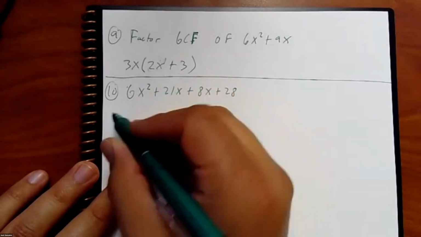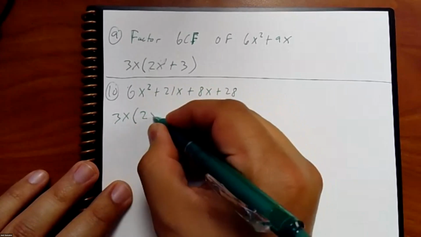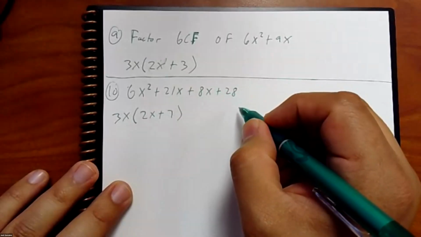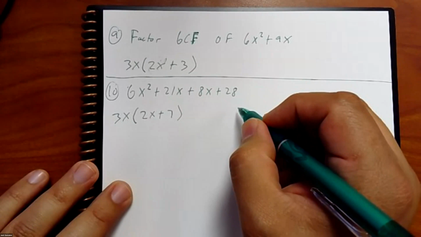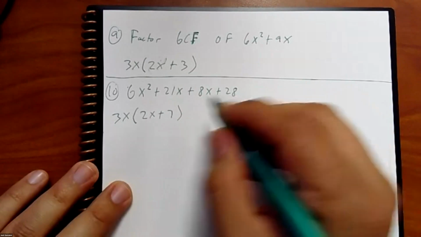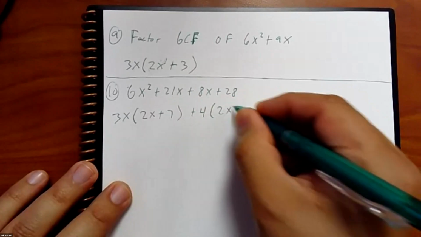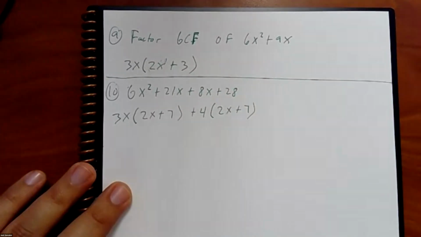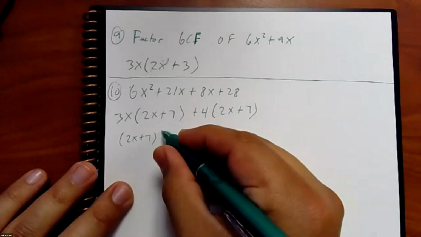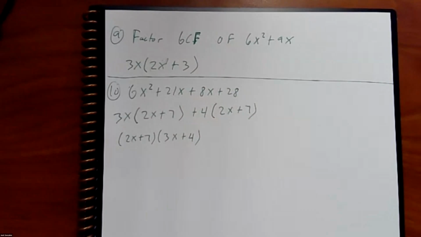These both have 3x in common, so factor that out and you get 2x plus 7. These both have a 4? This becomes 2x plus 7. Factor out 2x plus 7, you end up with 3x plus 4. And that's it.